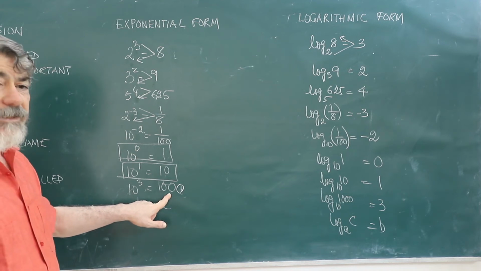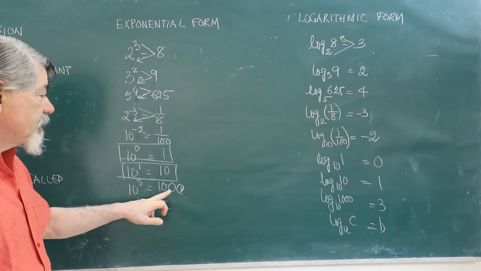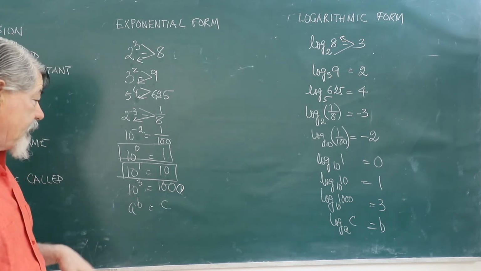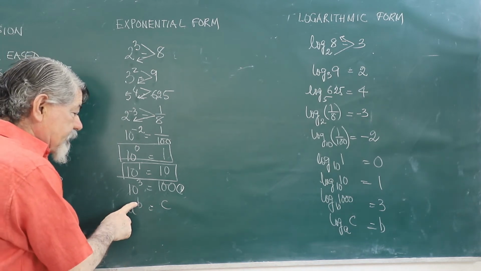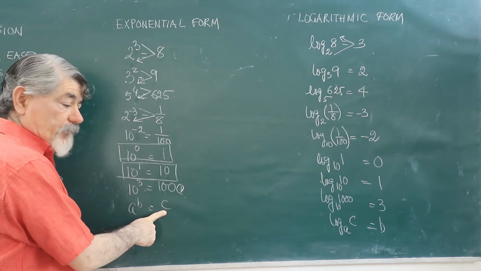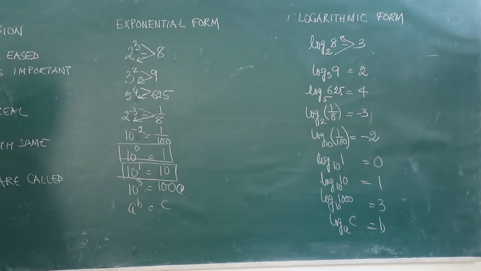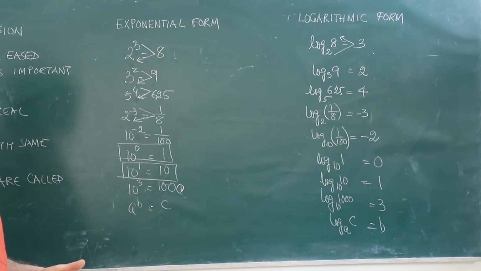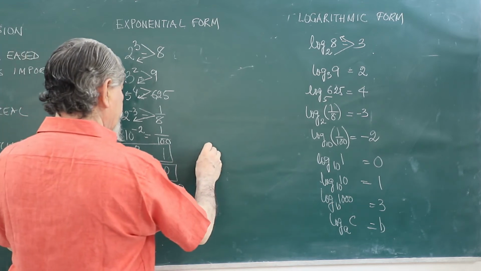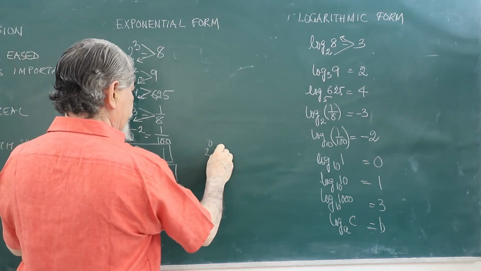10 to the power 3 is 1000, so 3 is the log of 1000 to the base 10. And if a to the power b is equal to c, then the exponent b is the logarithm of the number c to the base a. When I say 10 to the power 0 is 1, log of 1 to any base will be 0, because instead of 10, suppose it was 2 to the power 0, we would have got 1.